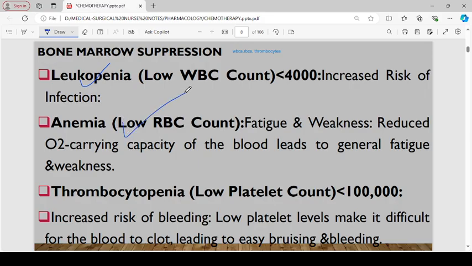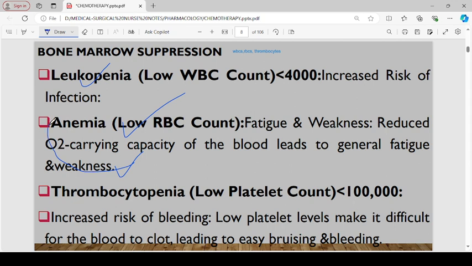We have a low red blood cell count, and this is going to result in anemia. Patients are going to present with reduced oxygen carrying capacity of the blood, and this leads to the general feeling of fatigue and weakness, which is the sign of the anemia that we know, right?